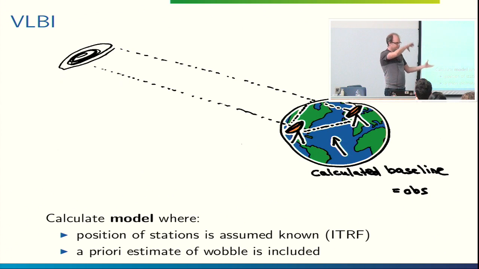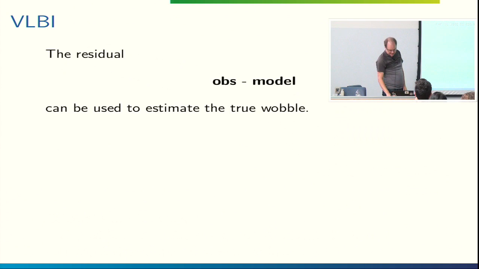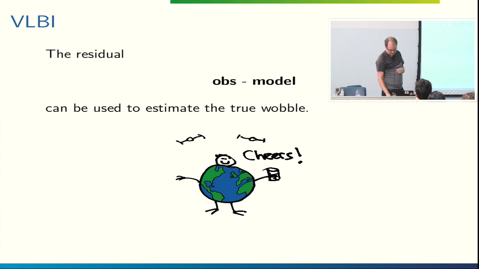And I have a guess at how much the Earth is wobbling. Then I can look at what I observe and how my model is looking, and use these to estimate that it seems I'm off a little bit. If I wobble a little differently, then my model fits better, and I can use that as an estimate for the current wobble. These things are actually done daily to update things like the GPS coordinates. And then everybody's happy.